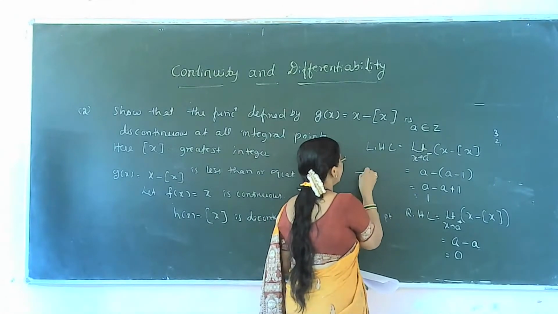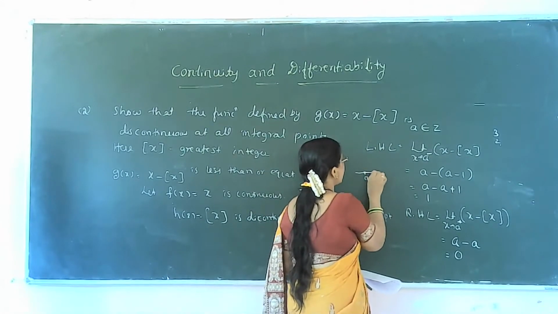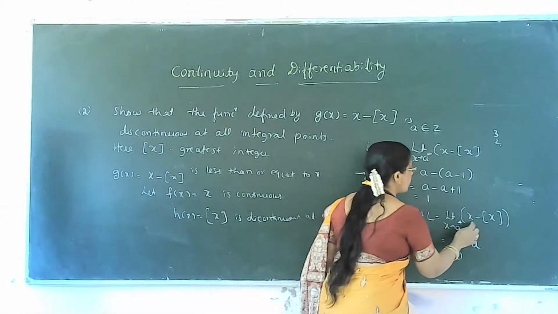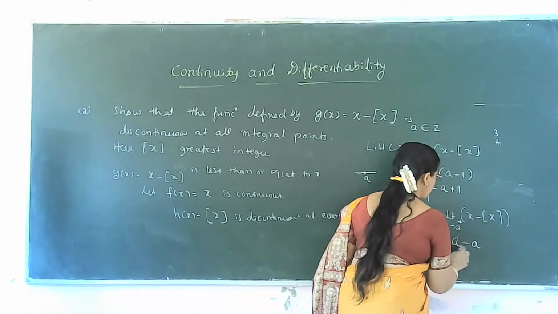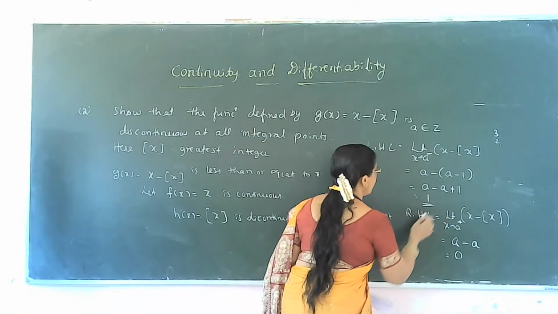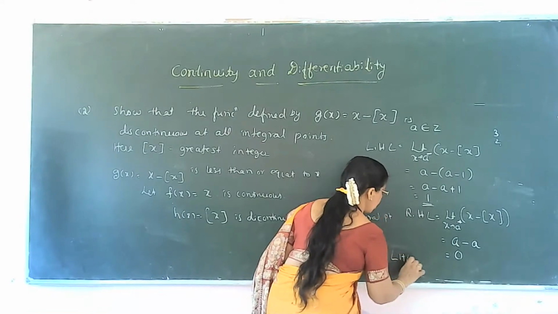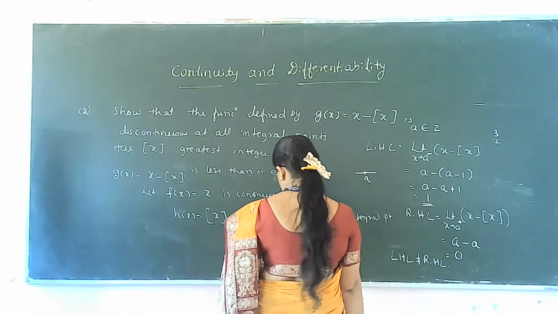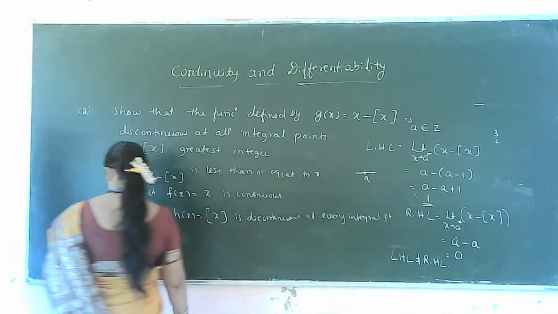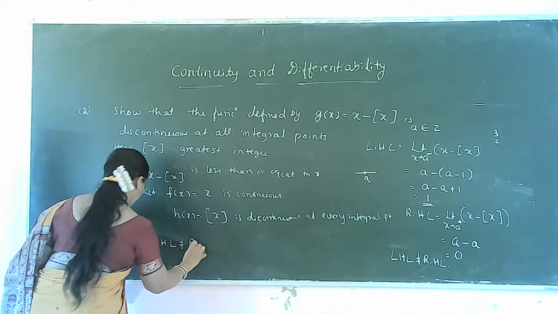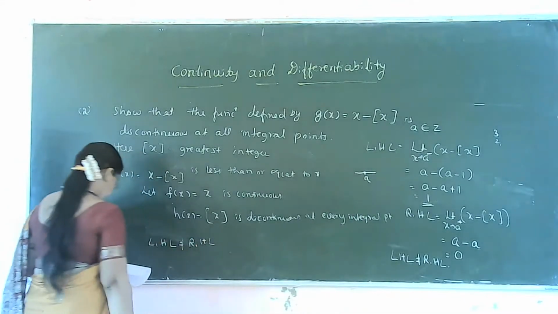Here it is the positive side. Therefore, at the positive side, x minus the greatest integer is equal to a minus a, which is 0, but on the left it is 1. Therefore, LHL is not equal to RHL, so the function is discontinuous.